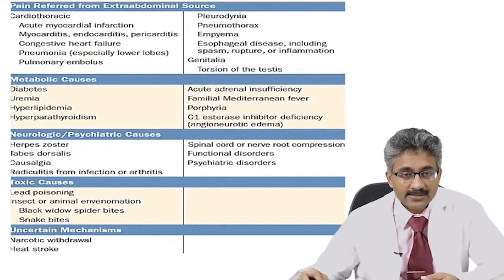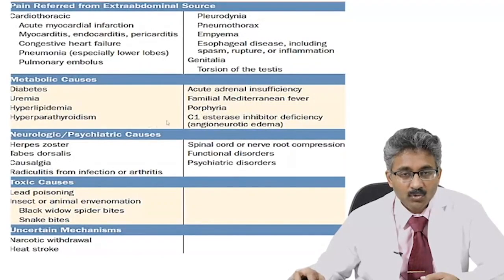Now the metabolic causes. Diabetes, diabetic ketoacidosis can have abdominal pain, one of the medical causes of abdominal pain. Uremia, hyperlipidemia can cause pancreatitis and they can have pain. Hyperparathyroidism, adrenal insufficiency, porphyria.